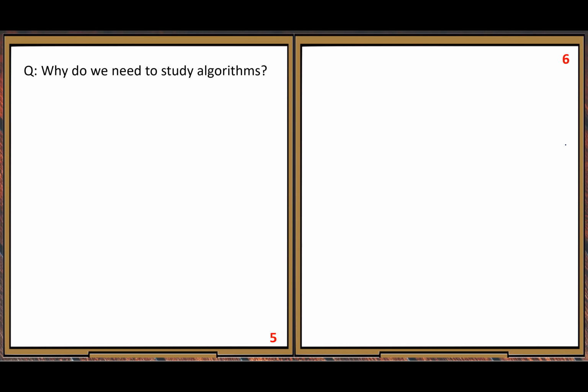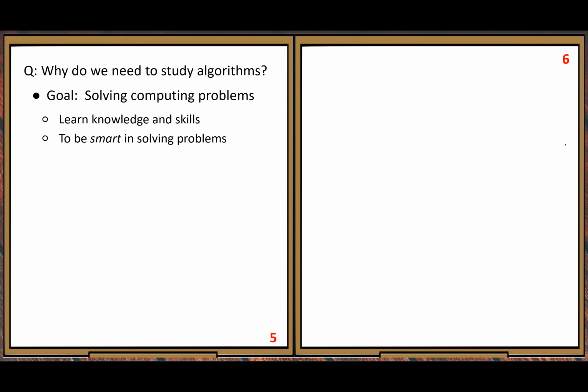Question: why do we need to study algorithms? Here, the goal is simple, solving computing problems. You need to learn the knowledge and develop the skills for that purpose. The main asset of ourselves is our brain.